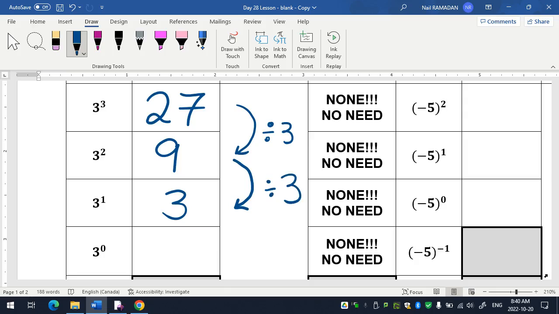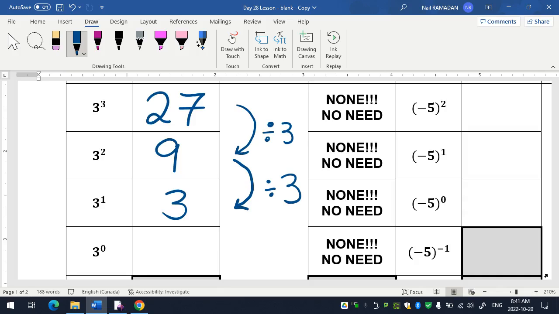Okay. Does anyone remember what anything to 0 is? Any number. By the way, I'm going to teach you that tomorrow. But one way to explain it today is anything to 0 is 1. Let's prove it. What's 3 divided by 3? You see, the 1 is the one that satisfies the trick.